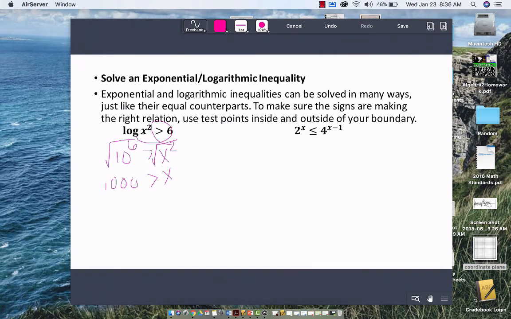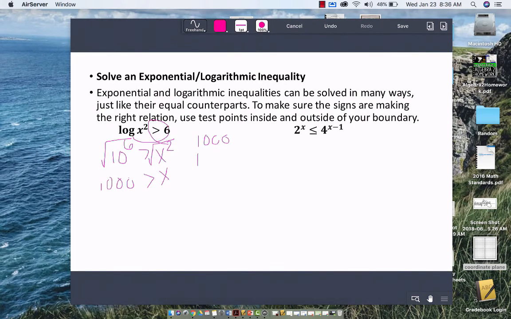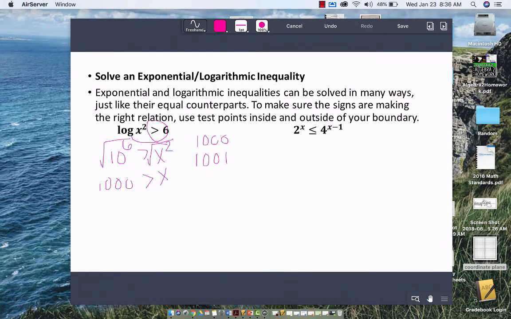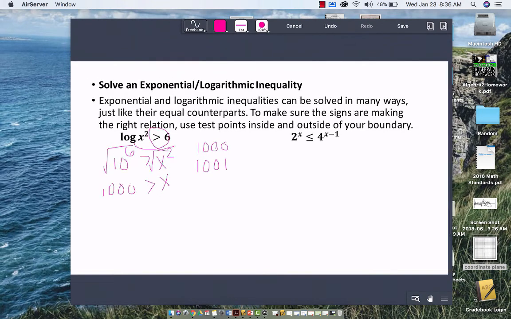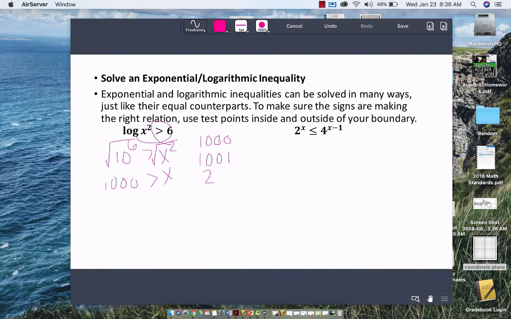But since I am switching this around, I just want to make sure that I can do this the right way. So I would try a test point. I would try 1,000, I would try 1,001 for a number that's bigger, and I would try the number 2, just any number that's smaller.